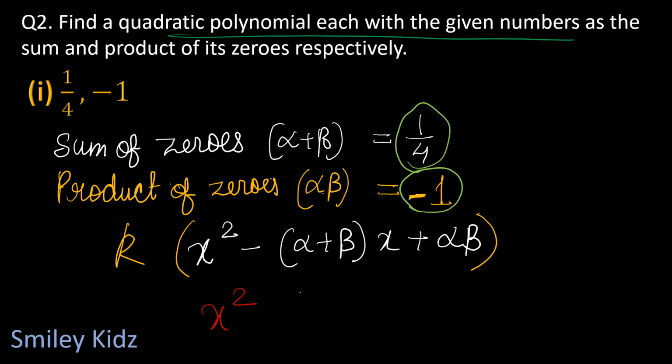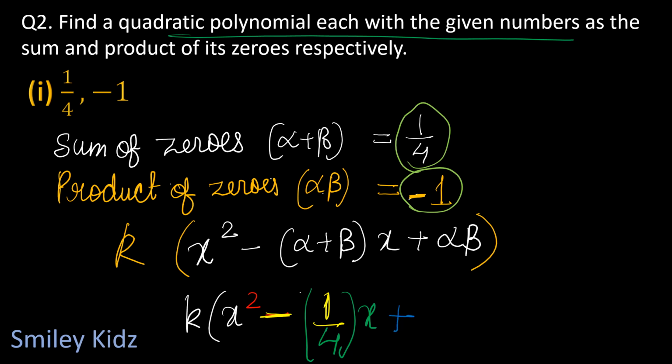Now, we have k into x square minus, here we know that alpha plus beta is what? So it's going to be minus, alpha plus beta is 1 by 4. So it's going to be 1 by 4 times x plus, what is alpha beta? Alpha beta is -1, isn't it?